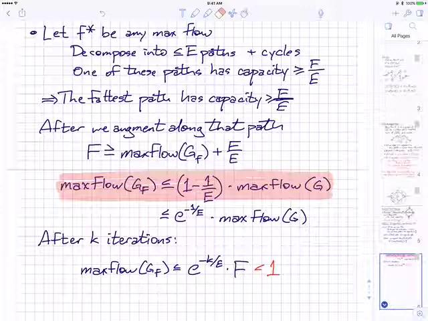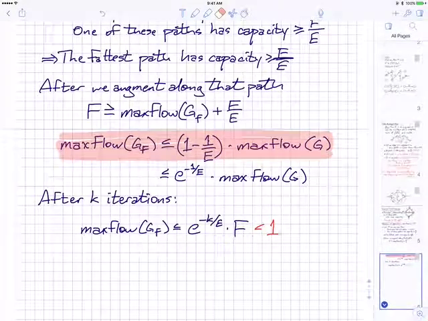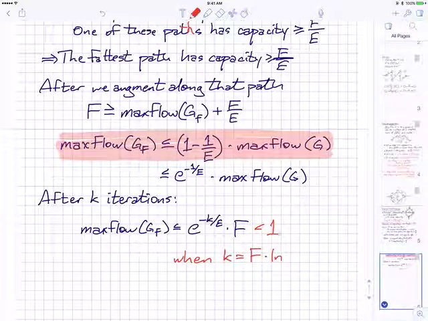So what value of k would actually work here? Let's see, I think it's when k is equal to E times the natural log of F, plus 1.